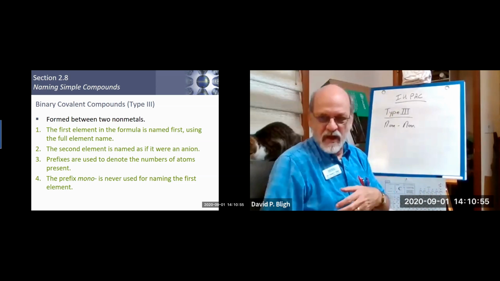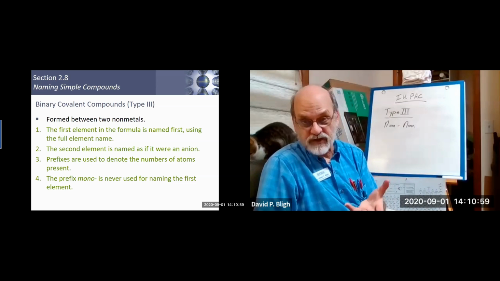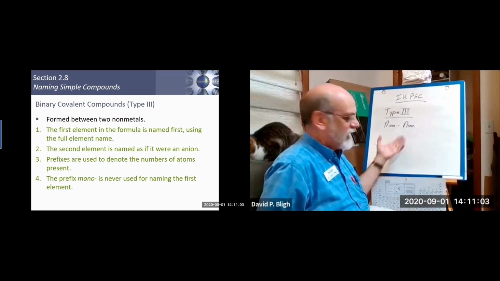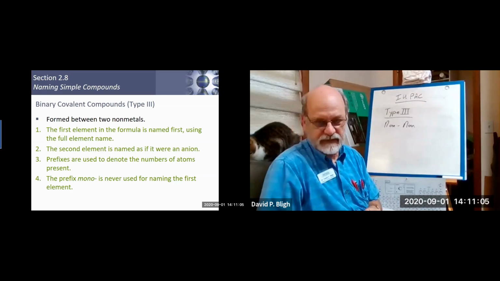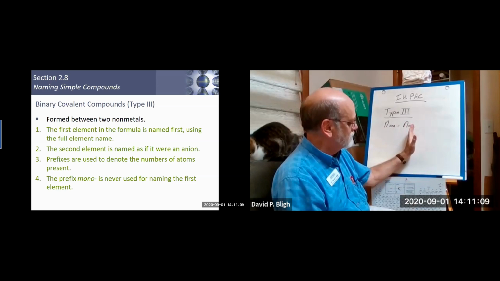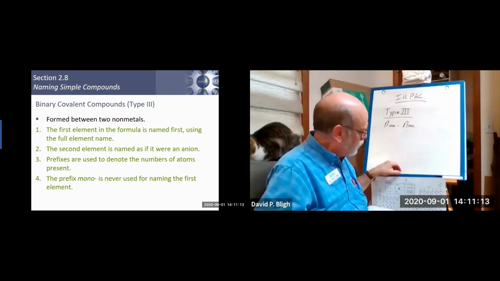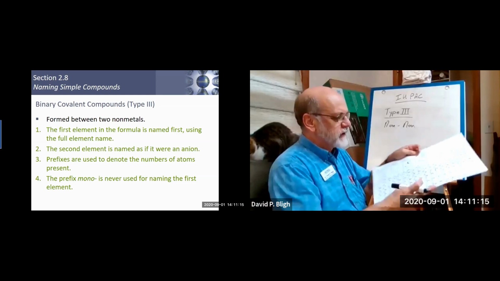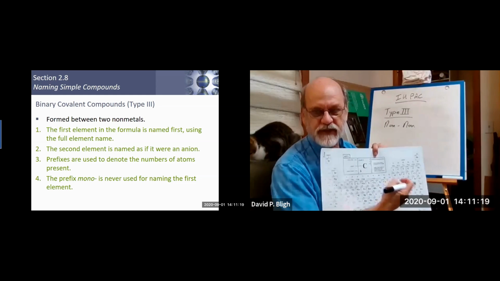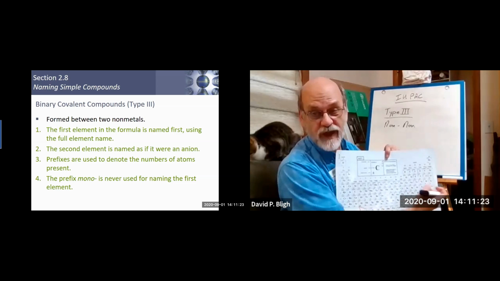But we're going to steal from the ionic naming convention, the binary convention, to give us a leg up in naming these compounds. So we're going to have one first, and the second one is second. And as a general rule, the first one is going to be the one that's to the left, and the second one, the position of the anion, is going to be for the one to the right.